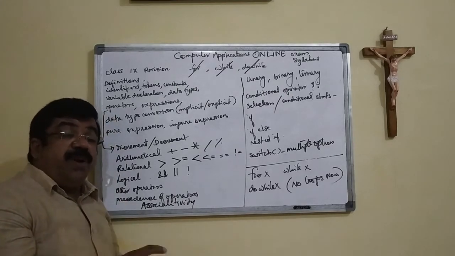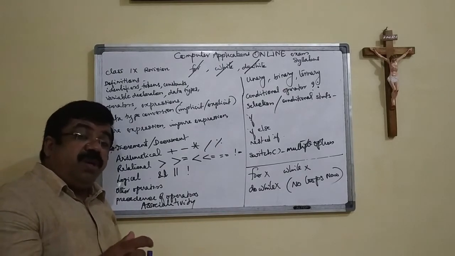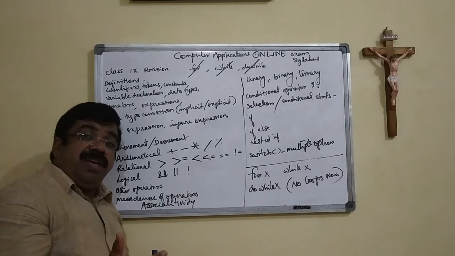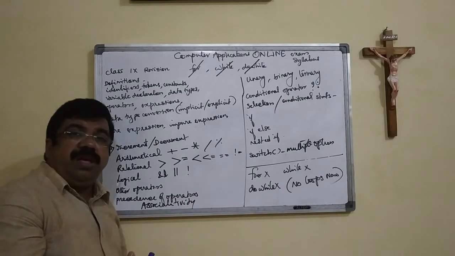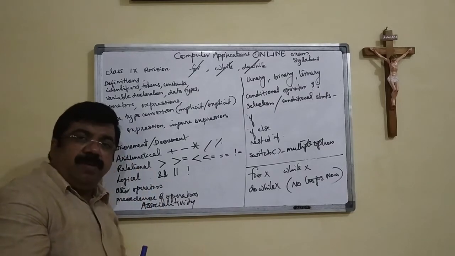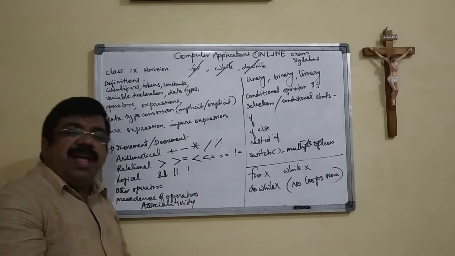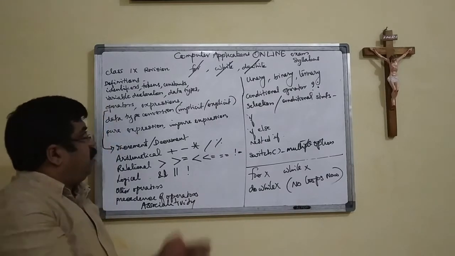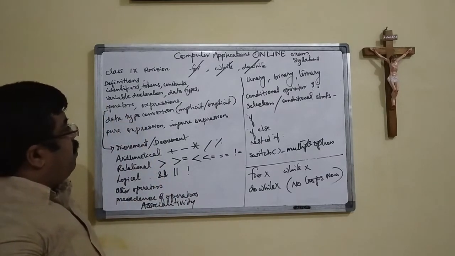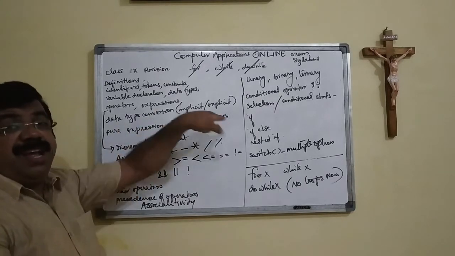What are the identifier naming rules? What is the reason for not considering a particular value as valid, and why we are considering a particular value as an invalid identifier name? Then we studied about data types and their conversion.